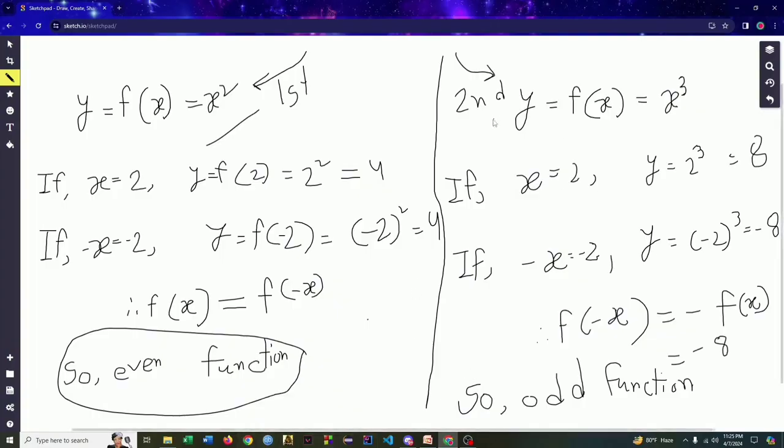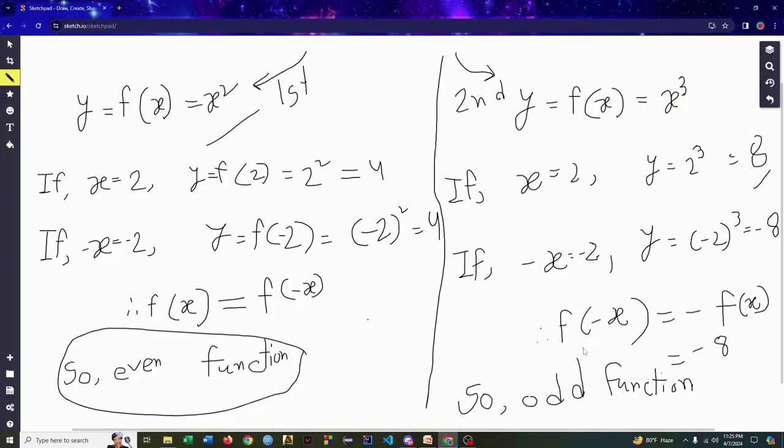And then we observe the second case. Here, if we put the value 2 for x, then we see that the result is 2 cube, which is equal to 8. And if we put minus 2 in the function, then the output is minus 2 to the power cube, which is equal to minus 8.